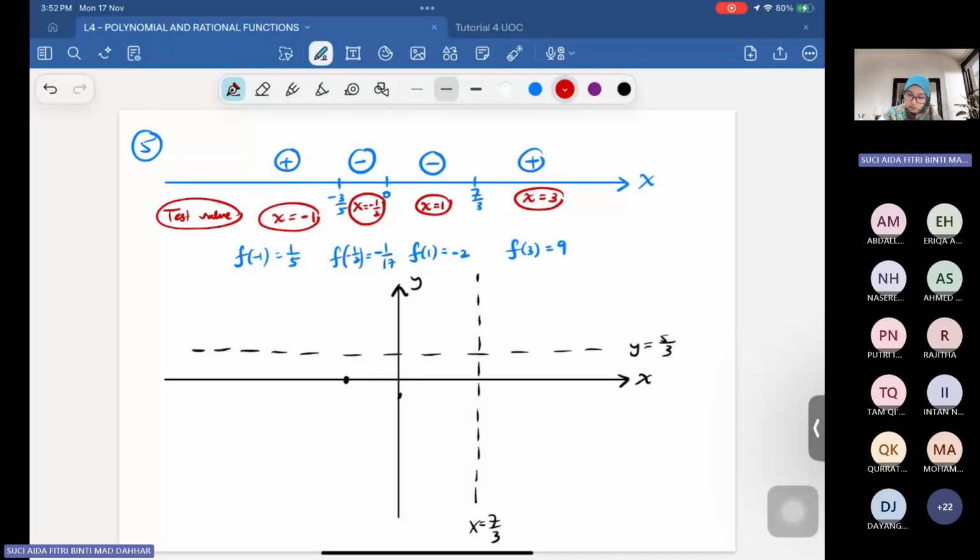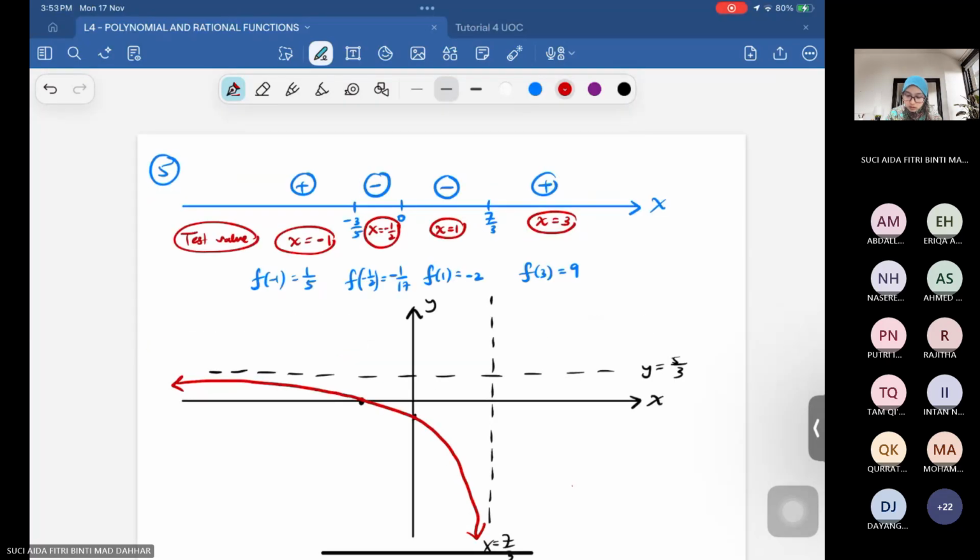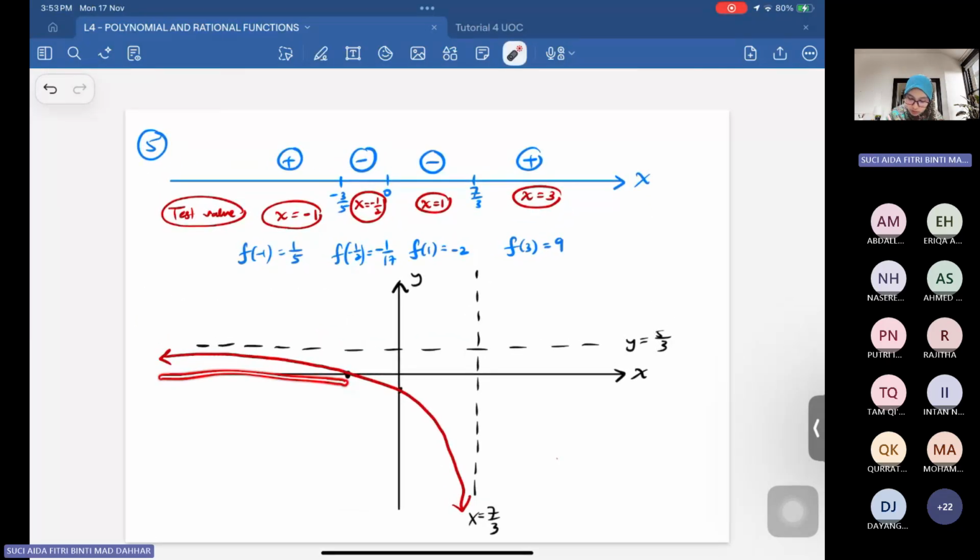So when you sketch your graph, it looks like this. Positive is above x-axis, cut this, and going downwards. Here, going down, cut the first intercept, second intercept, and then going downwards. Okay. So if you check the number line, see this region, this part, the curve are all above x-axis. And then this is when it's below x-axis.